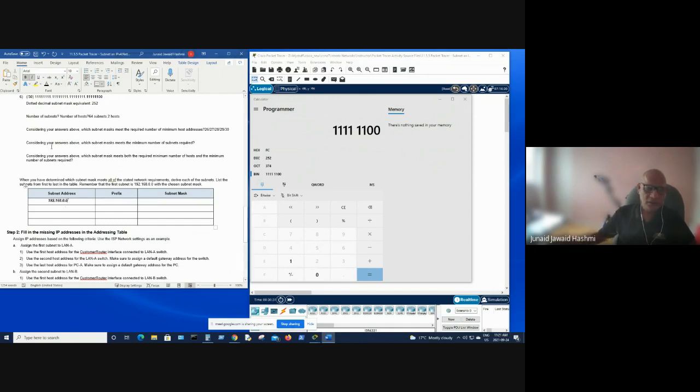192.168.0.0. Prefix would be 26. And what would be the subnet mask? 255.255.255.192.